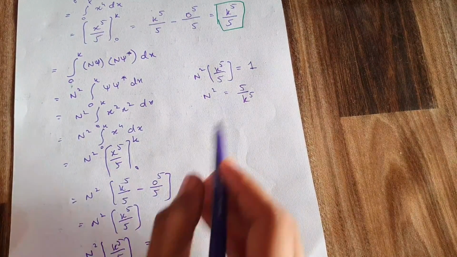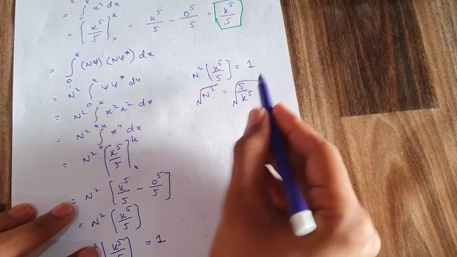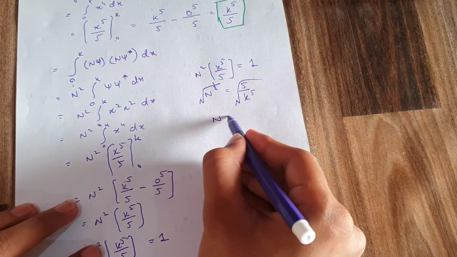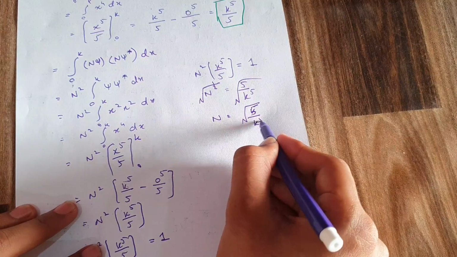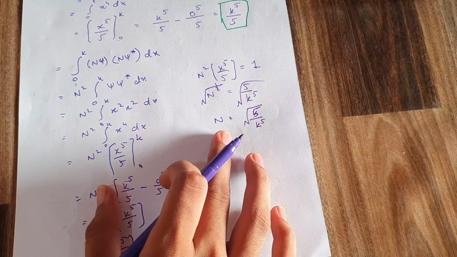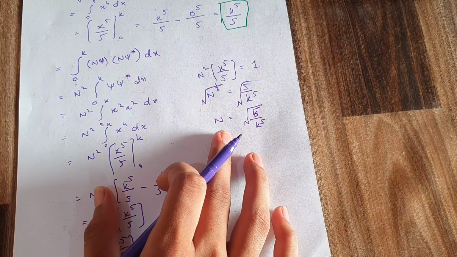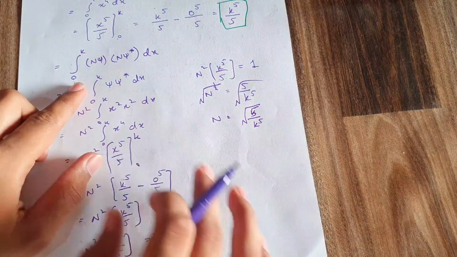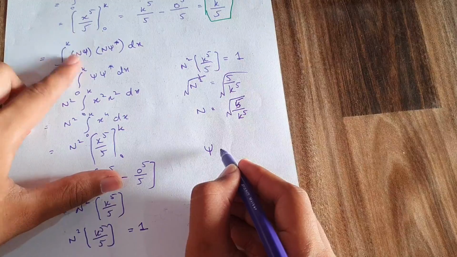In order to neutralize this square, I have to take the square root on both sides. Taking the square root on both sides, the square root cancels the square, and n is equal to the square root of 5 divided by k^5. So this is the value of the normalization constant n that should be multiplied with the wave function in order to normalize it. My previous wave function was psi, that I have now taken equal to n psi.